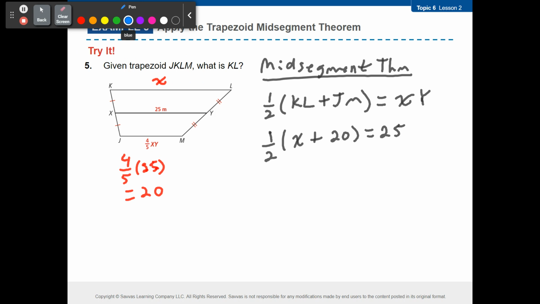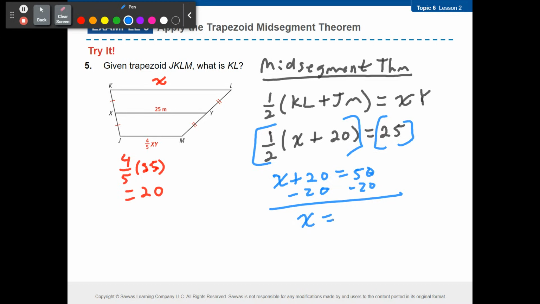Yep. Multiply by 1/2, you said? Close. You can divide by 1/2, or you can multiply both sides by 2, right? So this will be X plus 20 equals 50. Subtract 20 from each side. So I have X equals 30. If X is equal to 30, that means KL is 30, and we're going to put meters. And there we go.